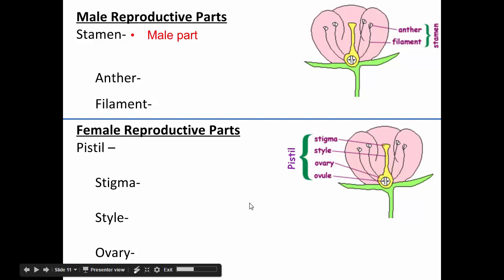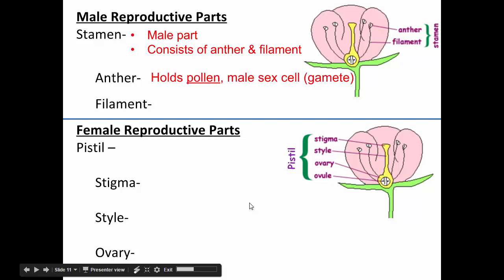And the stamen, so here I took off a single stamen from this flower. And it's made of actually two parts. There's this top part, the anther, and then this long sort of stalk called the filament. Okay. This anther is where pollen is produced.